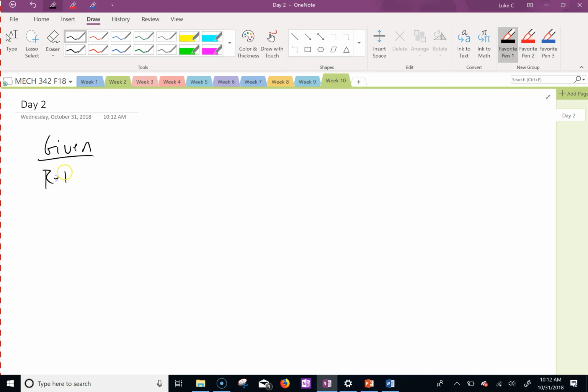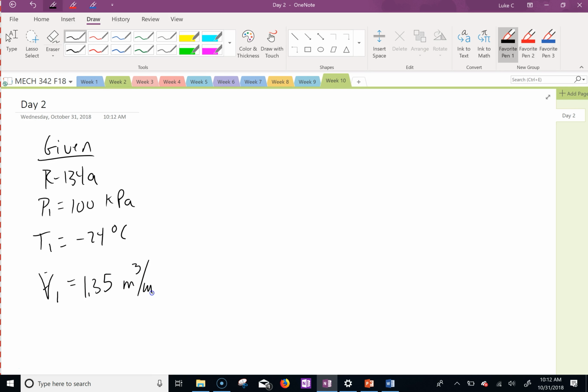We have R134A, P1 is 100 kilopascals, T1 is minus 24 degrees C. V dot 1 is 1.35 meters cubed per minute times 1 minute over 60 seconds, which is 0.0225 meters cubed per second.